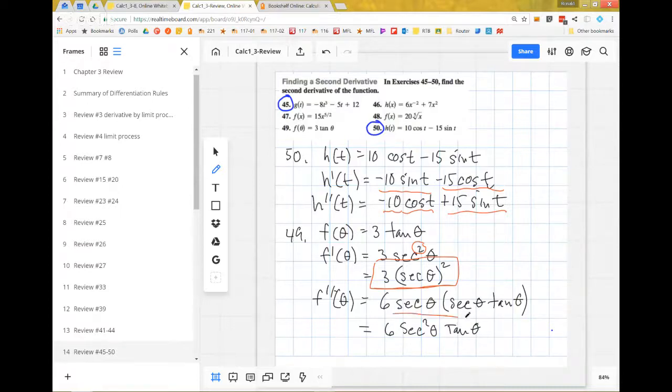And then finally, 6 secant times secant, these are all multiplied. Secant times secant is secant squared. So, second derivative.